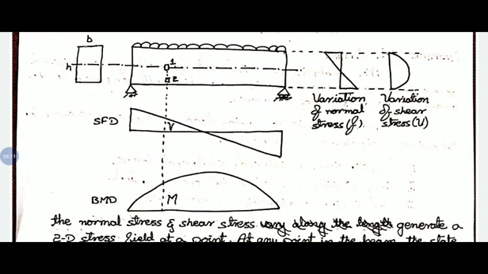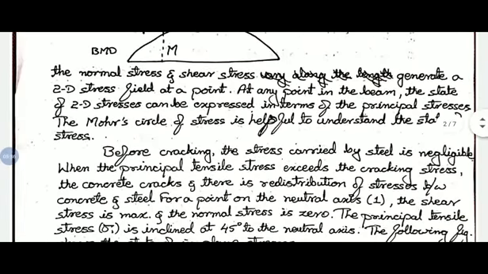So for example, if you observe the figure, we have considered an element on the neutral axis and we consider it as 1. In that element, the shear stress is maximum and normal stress is 0. So the principal tensile stress will be inclined at an angle of 45 degrees with respect to the neutral axis. For that we have one more figure.